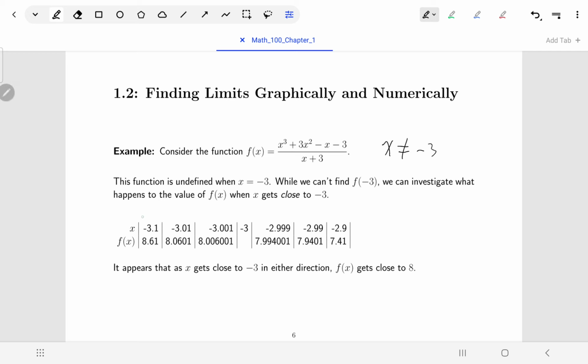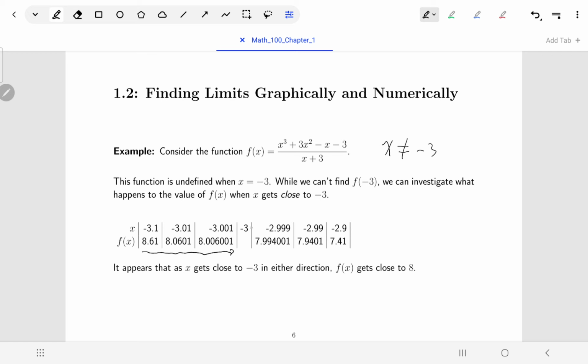So that's what I've done here in the little chart below. I've taken my x values and I've looked at values that are a little bit less than negative 3 and values that are a little bit bigger than negative 3. And then I've asked myself, what are the y values that I get for those values? So I can see that if I'm looking at values that are a little bit less than negative 3, my y values get a little bit smaller but seem to be tapering off to around 8 as we move our way to getting closer and closer to negative 3.